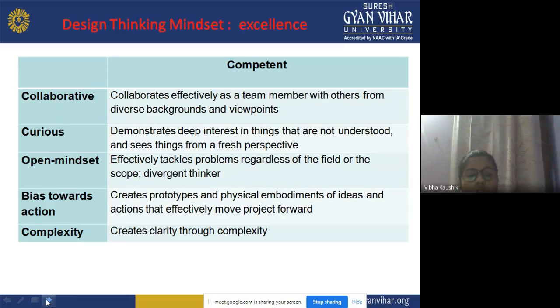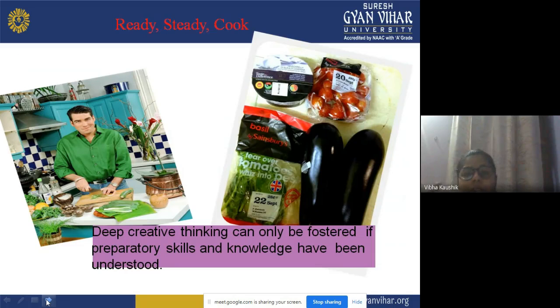Bias towards action creates prototypes and physical embodiments of ideas and actions that effectively move the project forward, which means a new sample or a new concept will be developed. Complexity creates clarity through complexity. Now, ready, steady, go.